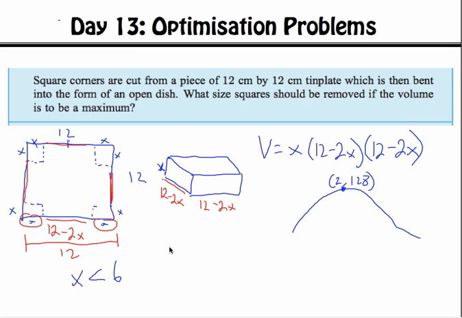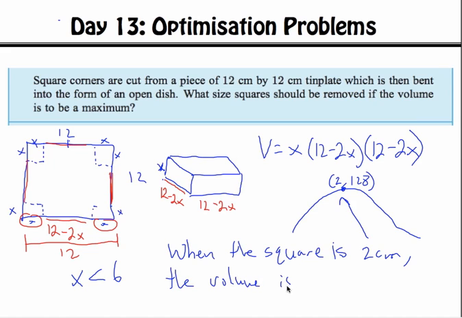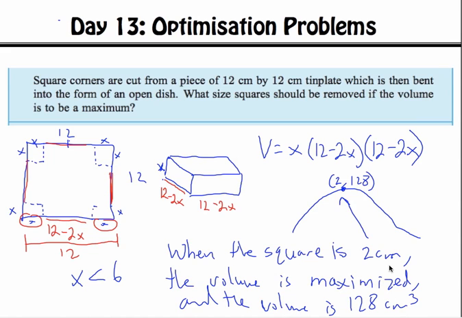So in conclusion, you can say when the square is 2 centimeters, that's where I got the 2 centimeters from, the volume is maximized, or optimized, and the volume is 128 cubic centimeters when x is 2 centimeters. So we did all that using the calculator.